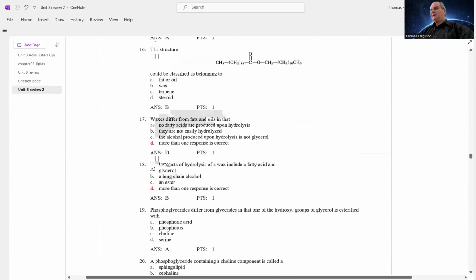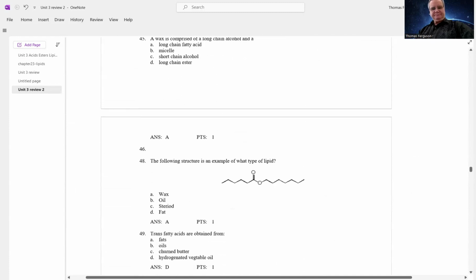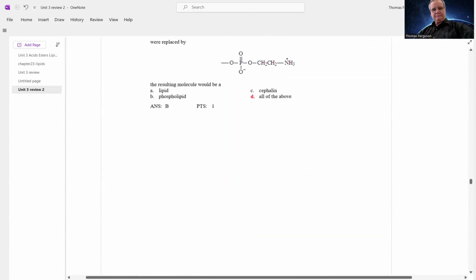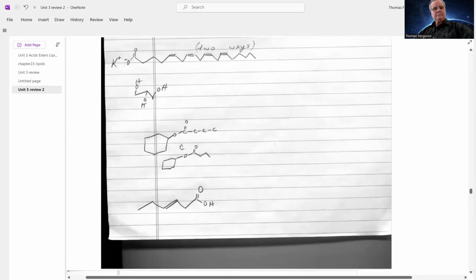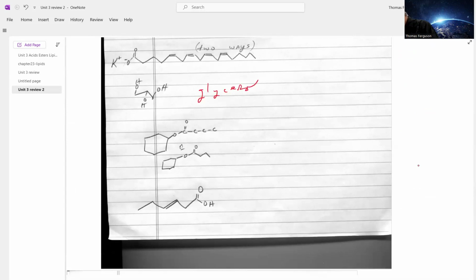This is like your dry labs multiple choice. Okay, this is glycerol. Now, this is not based on benzoic acids.